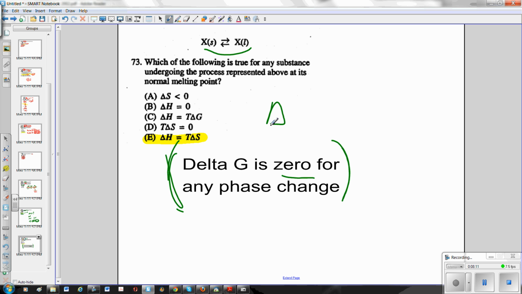So if you take delta G equals delta H minus T delta S, and you set delta G equal to 0, you rearrange this algebraically, and you're going to get delta H is equal to T delta S. So delta G is always 0 for any phase change. Therefore, throw 0 in here, and you're always going to have delta H equals T times delta S.